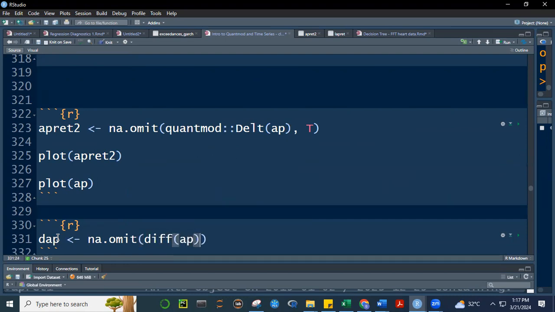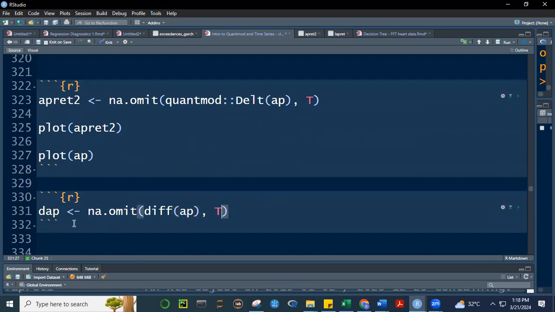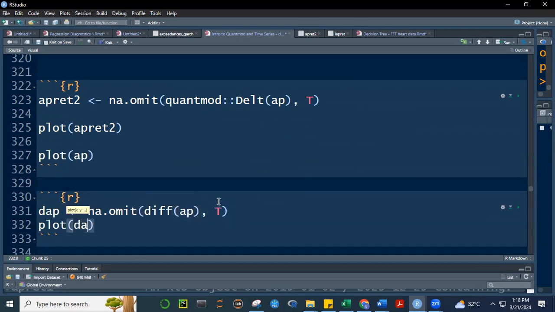And then I put here 1, 2. Okay. So what am I doing, class? I'm demonstrating here that by getting the difference of your non-stationary object, in this case, AP, ano nangyari? Pag dinifference natin siya, tapos plot ko, plot DAP, what happens, class?